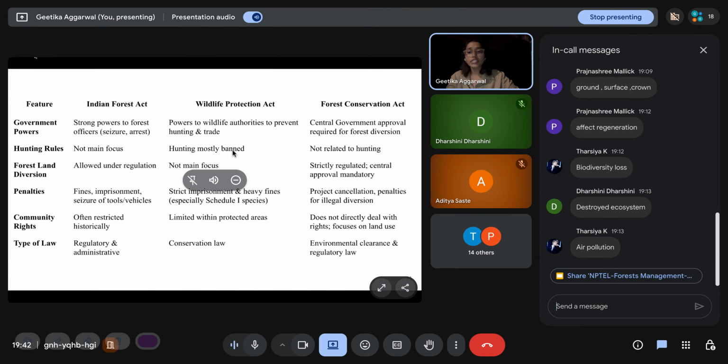And then the Forest Act gives strong powers to forest officers. The Protection Act gives powers to wildlife authorities to prevent hunting. And the Conservation Act puts some authority in the central government's hand. And when it comes to forest land diversion, forest protection, the Forest Act provides certain kind of land regulation, allows certain kind of diversion under regulation.